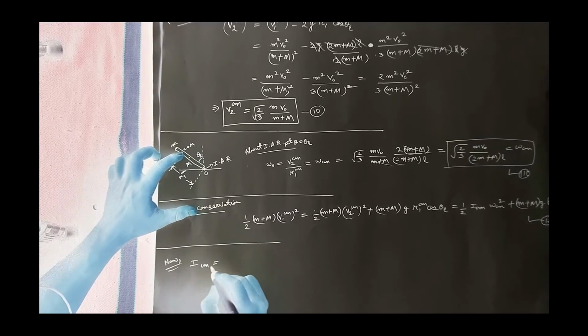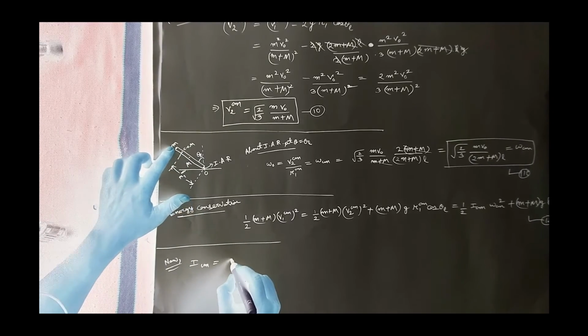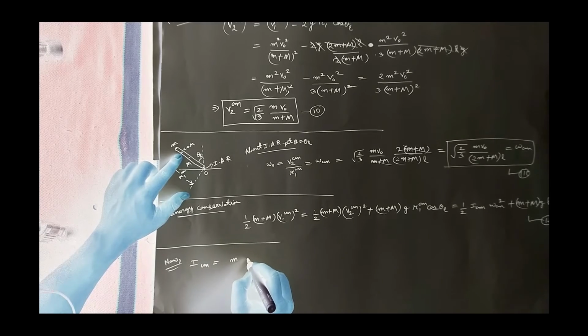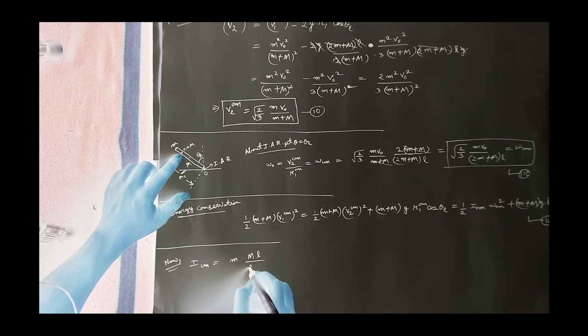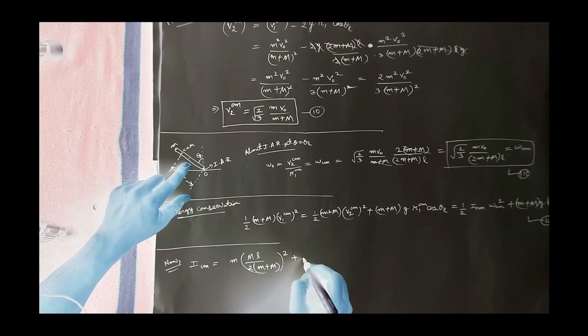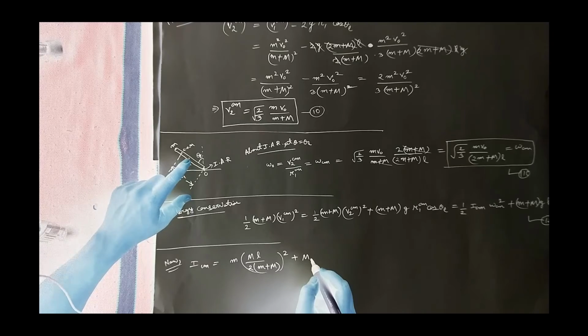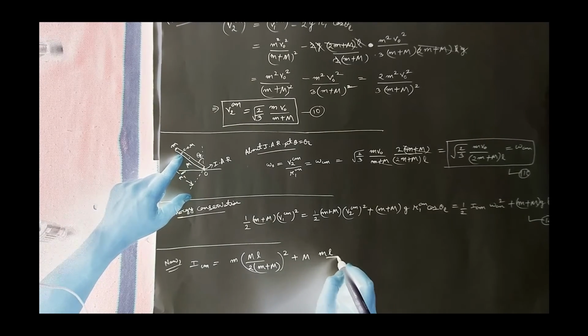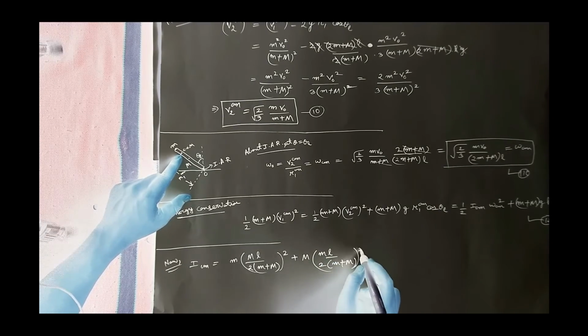ICM will be small m into the square of the distance of small m from the center of mass, that is, by the center of mass formula, m L by 2(m plus M), whole square, plus capital M into the square of the distance of capital M from the center of mass, that is m L by 2(m plus M), whole square.